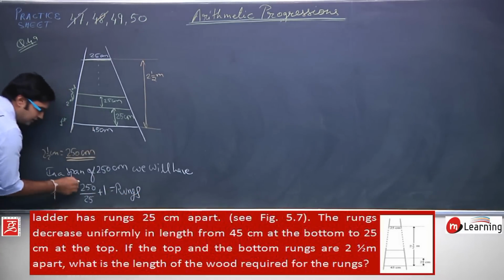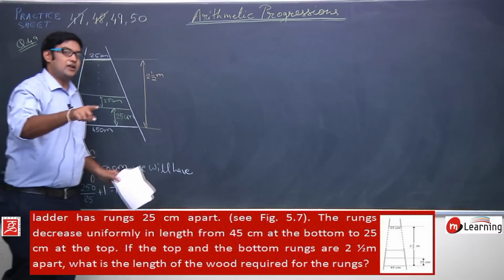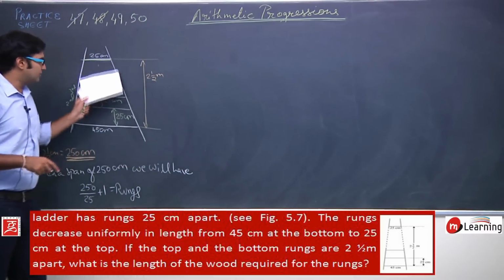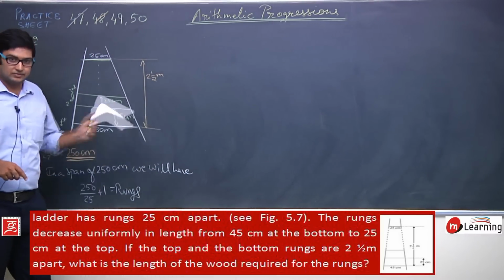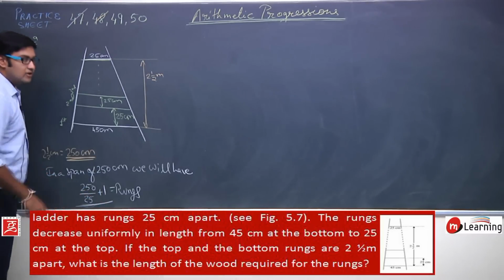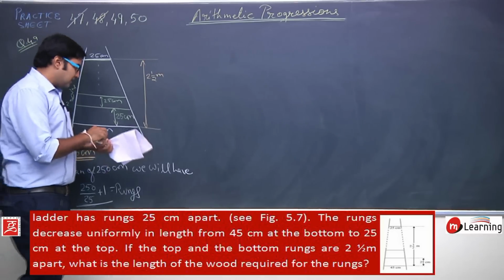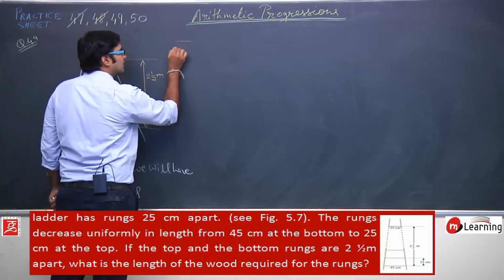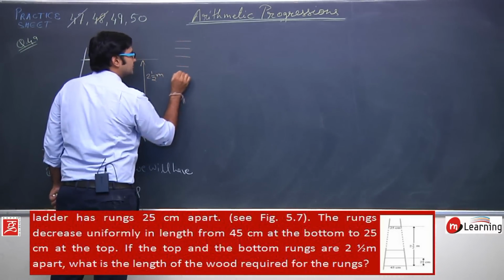We are going to have 250 by 25 plus 1 number of rungs present in this ladder. Now how have I got this 250 by 25 plus 1? It's because, let us say the rungs are like this.